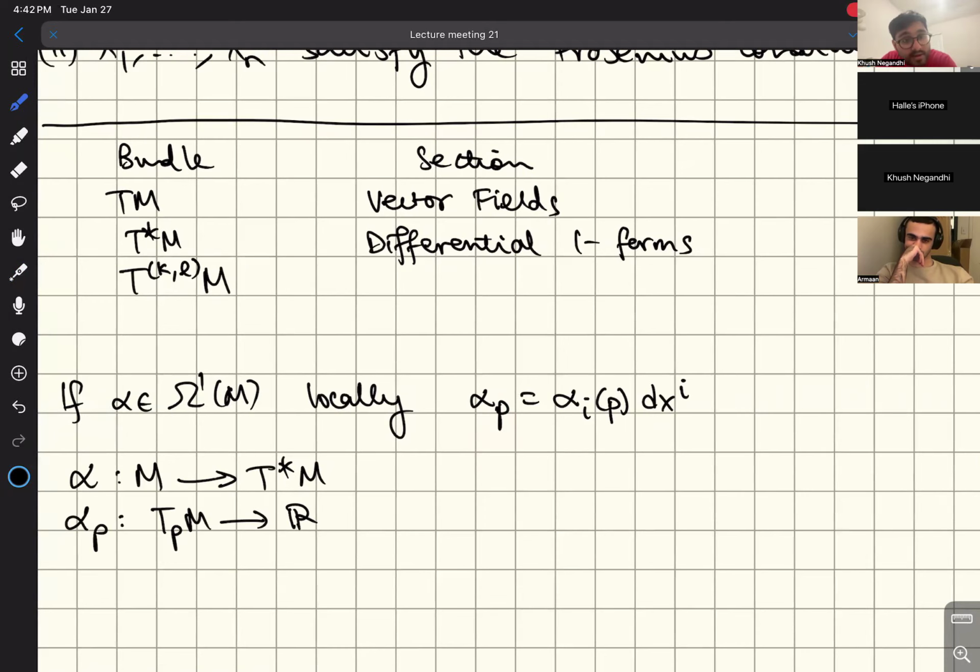There's something about electric and magnetic fields having something to do with one forms, right? Sort of. It depends on what you mean, because as we'll see, magnetic fields are more naturally described as two forms, and vector potentials are more naturally described as one forms.